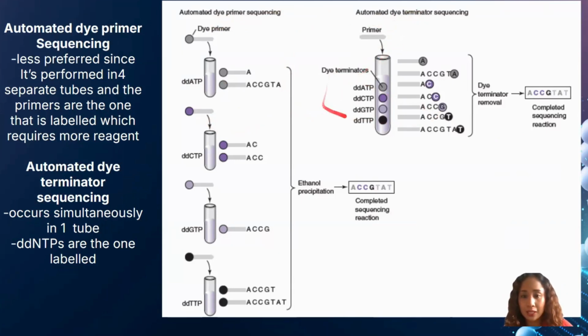Isn't it that it's this dye terminator, and it's shorter, right? And it only uses one tube, and all the reactions are already in one tube. Unlike your dye primer, you need 4 different primers and 4 different tubes.